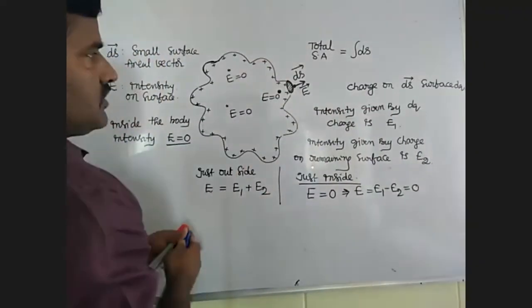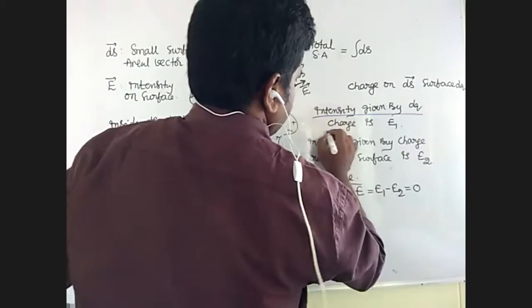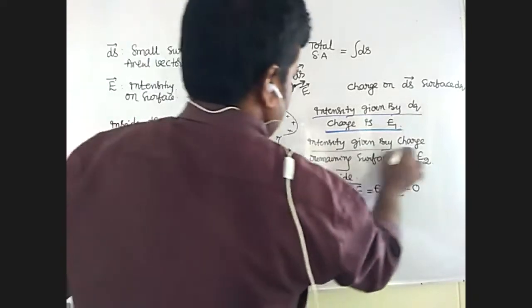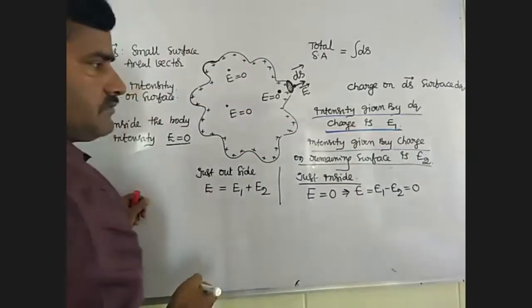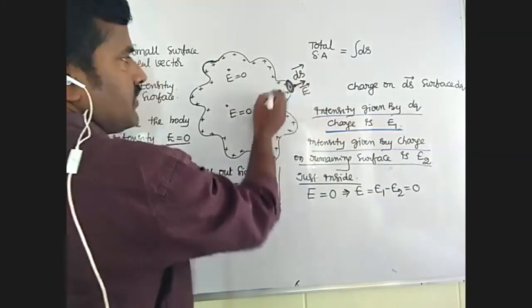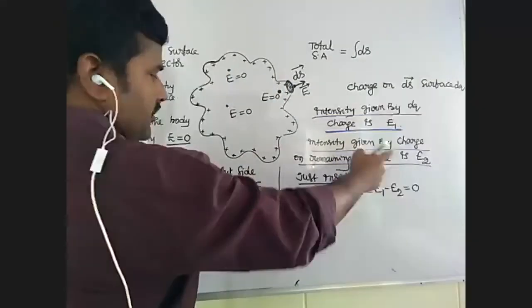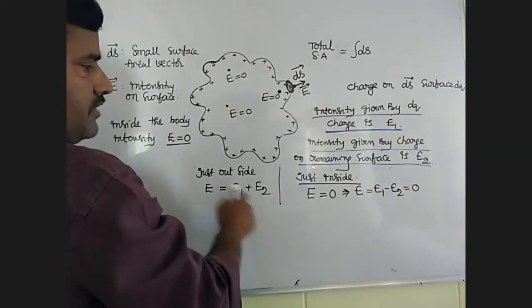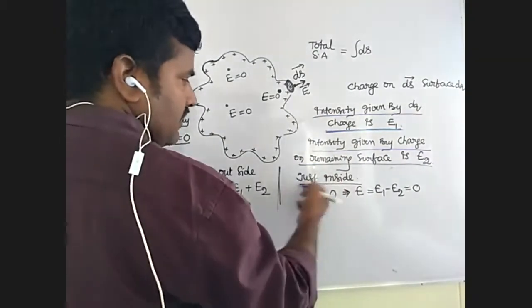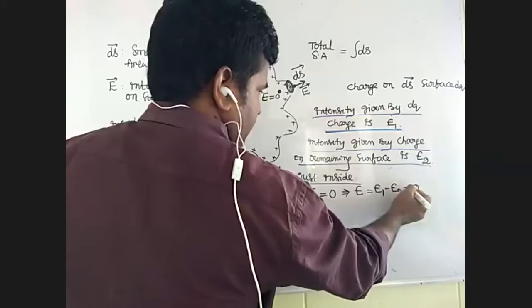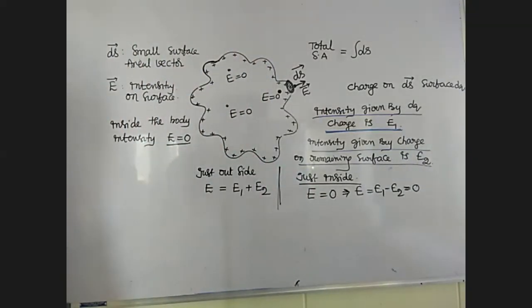The ds surface charge provides intensity E1, and the remaining surface charge provides intensity E2. Outside, the intensity equals E1 plus E2. Just inside the intensity becomes 0, that means E1 minus E2. Only in the case of subtraction is the resultant 0.